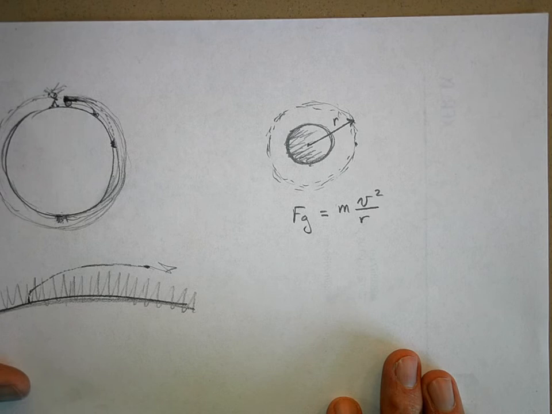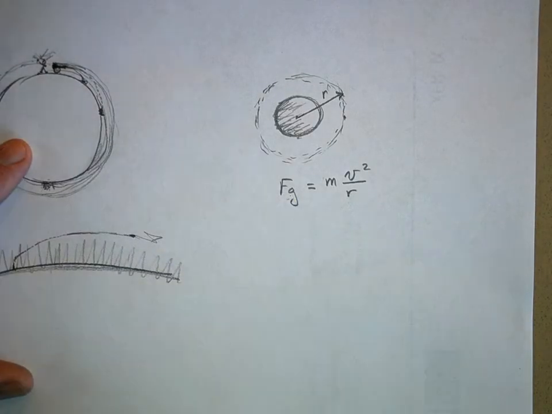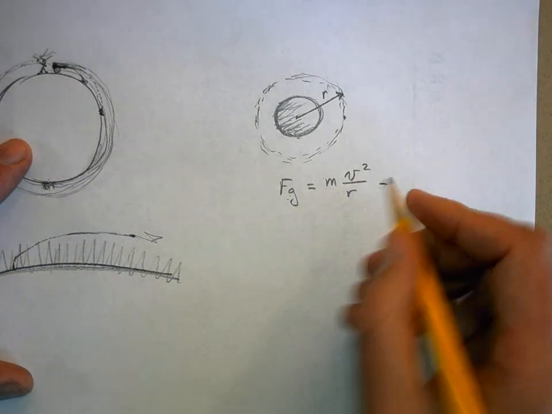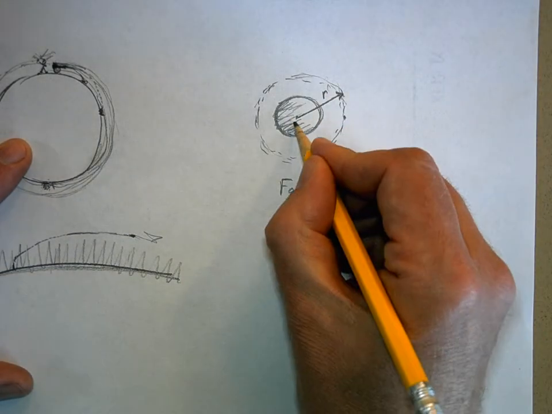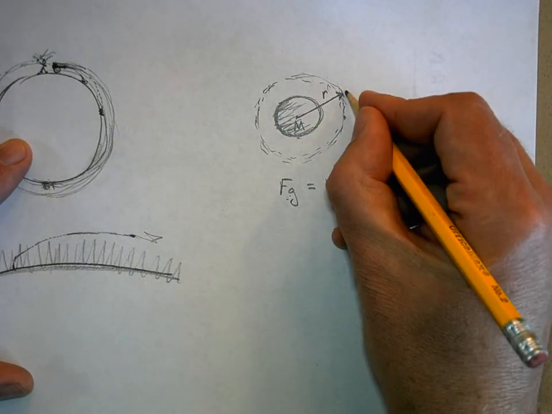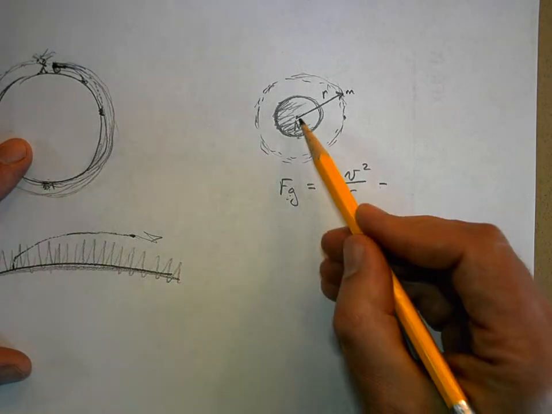Well, we now have an equation, though, for the force of gravity. The force of gravity, well, let's call this big M. That's the mass of my planet. Let's call this little m. That's the mass of my spaceship. R is the radius of my orbit.